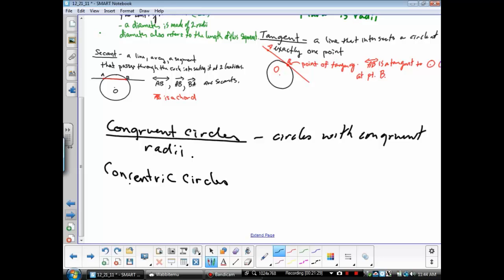Notice the word center in there. Concentric circles, con means like centers. Concentric circles are circles that have the same center.